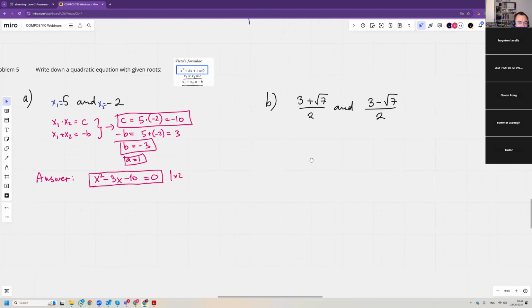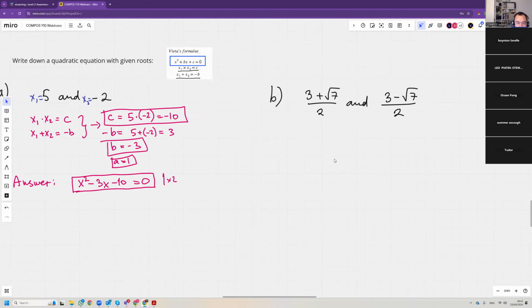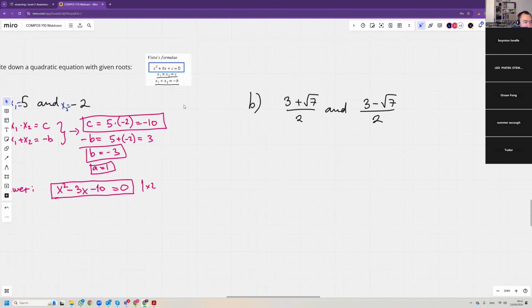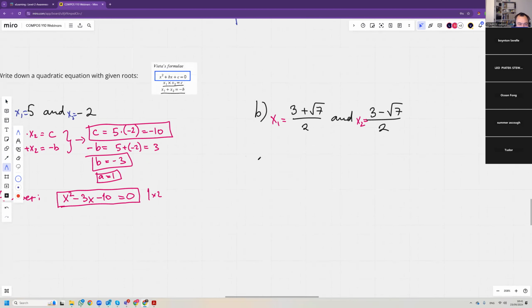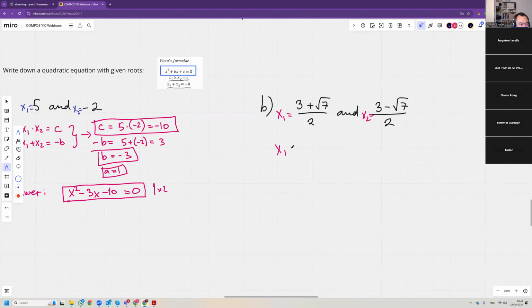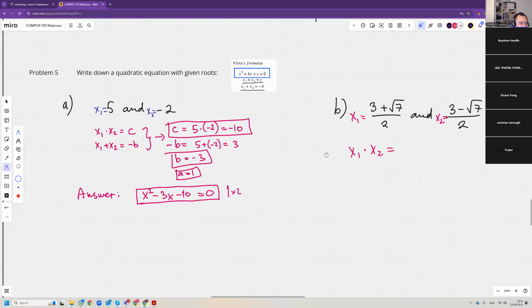Anyways, B. Very, very similar thing. So this is x1 and x2. So we know that x1 multiplied by x2 is c.